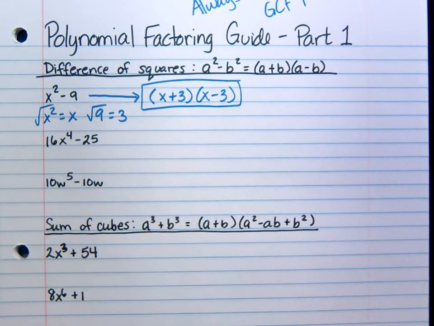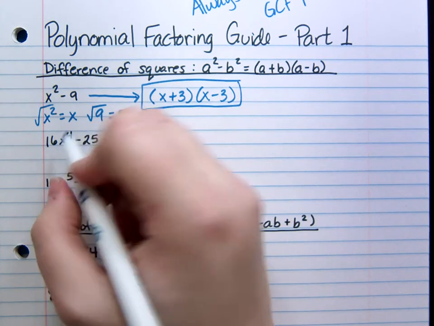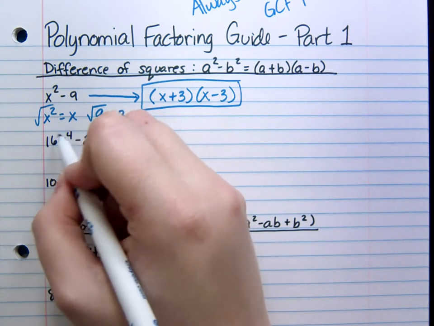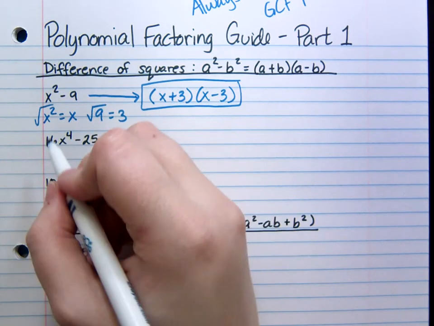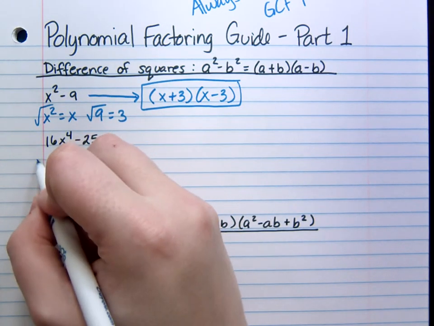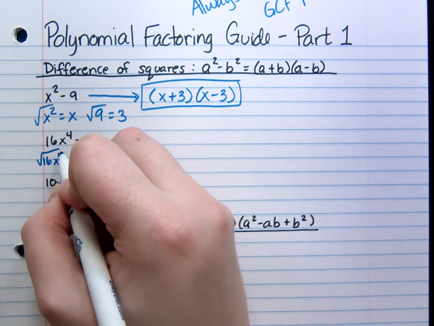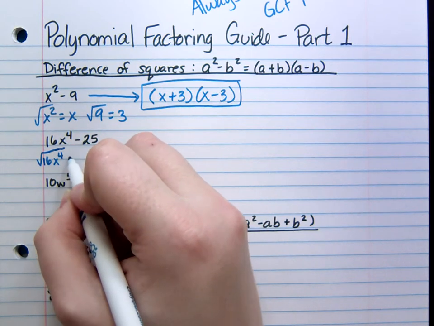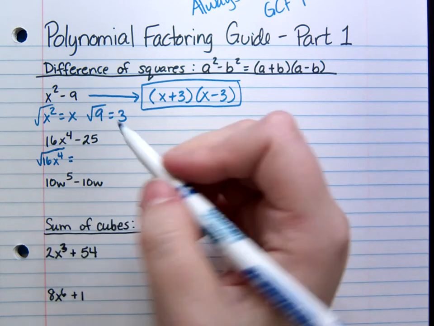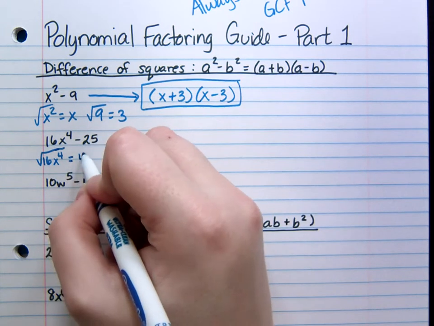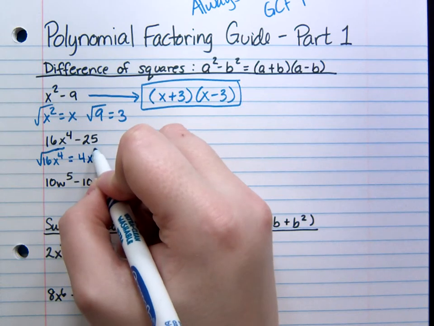Now if you got a number in front of your variable, it's still the same process. So I'm going to start by square rooting the first term, 16x to the 4th. Now x to the 4th is a perfect square, just like any even exponent. Basically you divide the exponent by 2. So square root of 16 is 4, square root of x to the 4th is x squared.